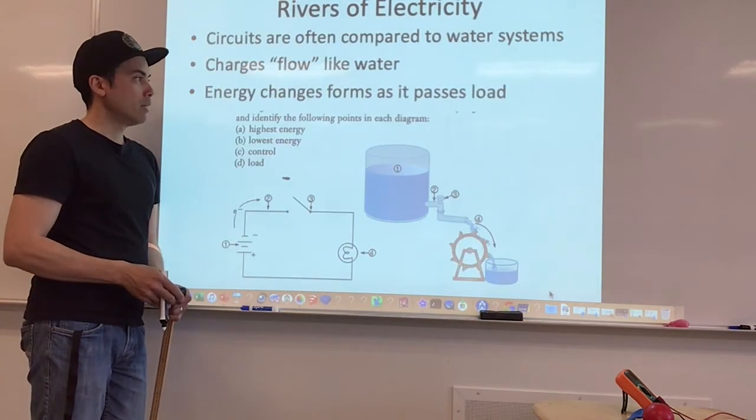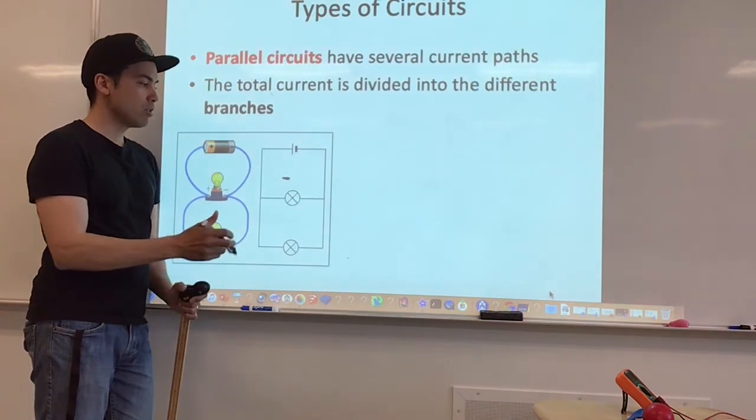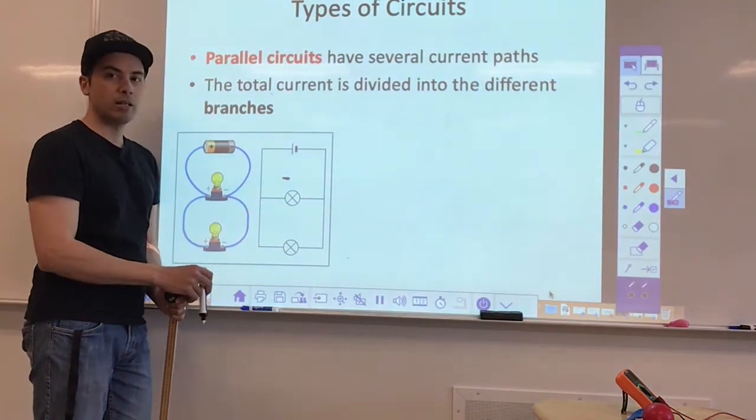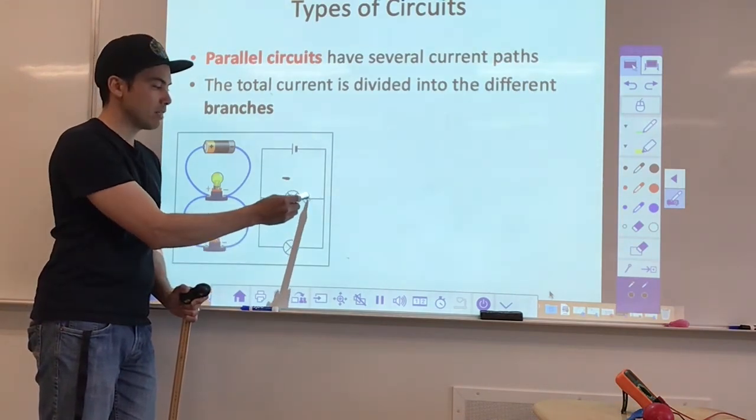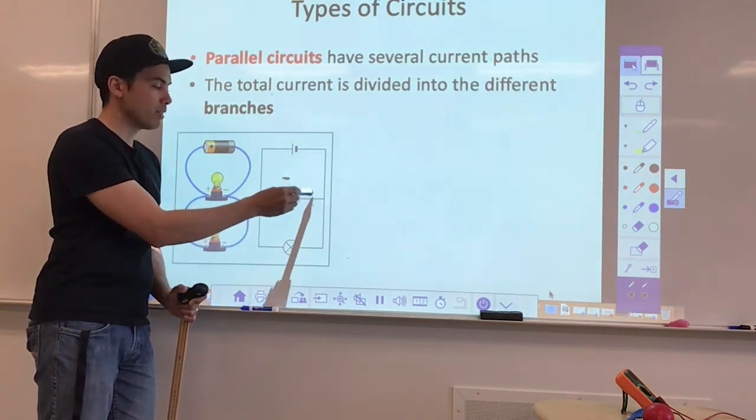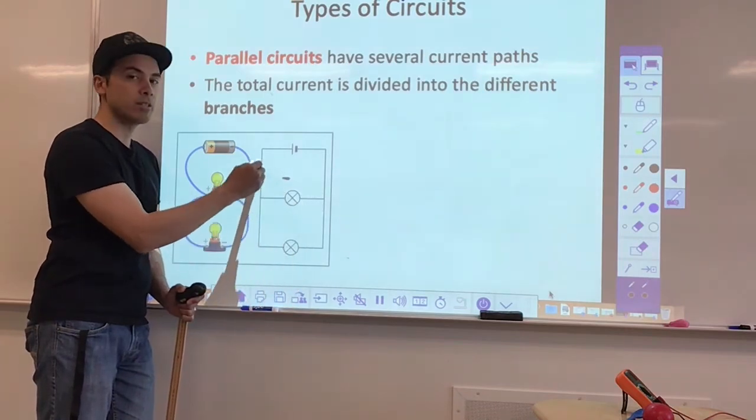So there are some advantages to having this style of circuit. The main advantage is that if we get a break in the circuit right here, this light can still stay on.